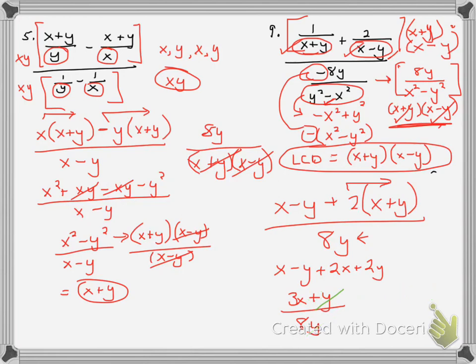Just want to make sure you don't go down that rabbit trail. And your final answer then would be 3x plus y over 8y. Okay, so that took into account several of the ideas that you have in 3.8 and actually did several of the problems for you, but you do them all on your own before you come back and check these.